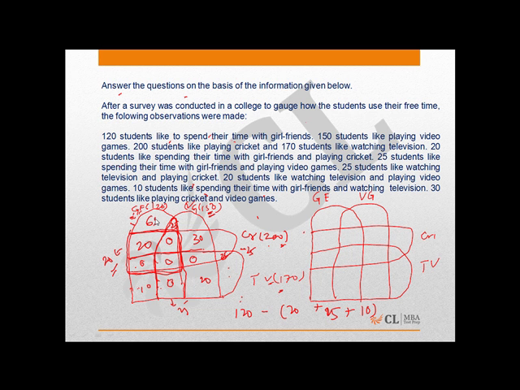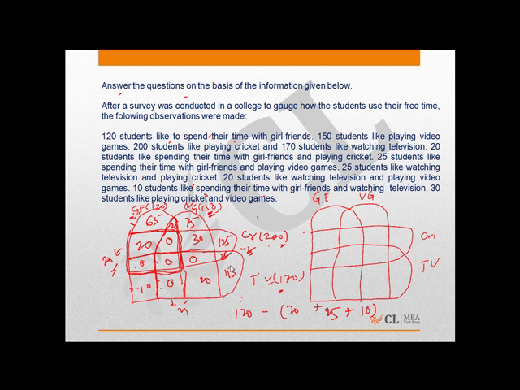Similarly, we can find the number of students who like only playing video game, which comes out to be 75, only cricket 125, and only television 150. Now let's answer the first two questions.